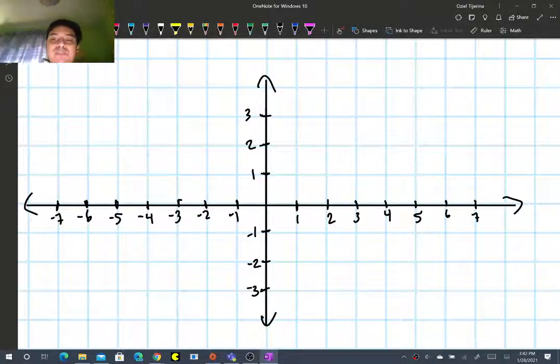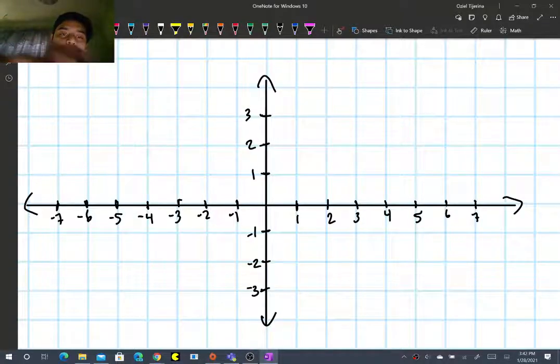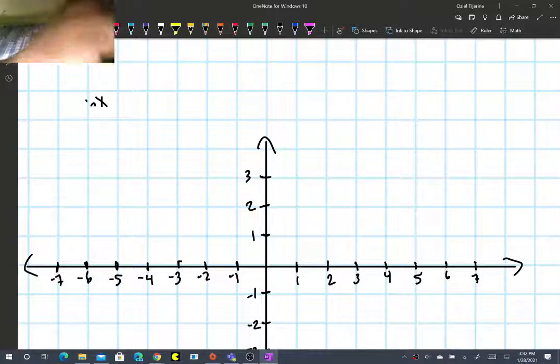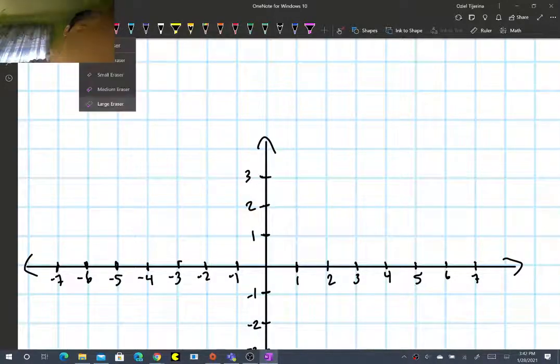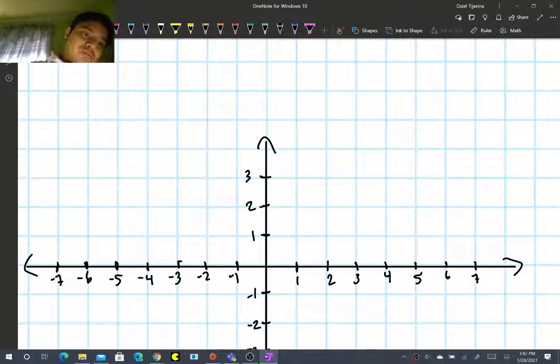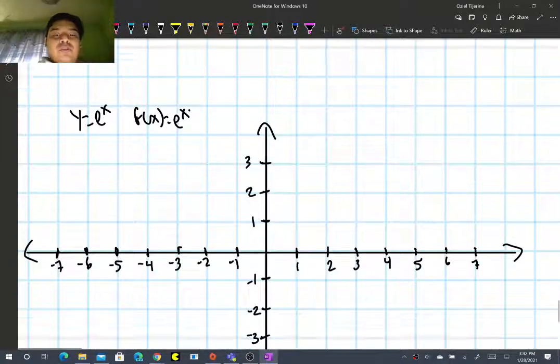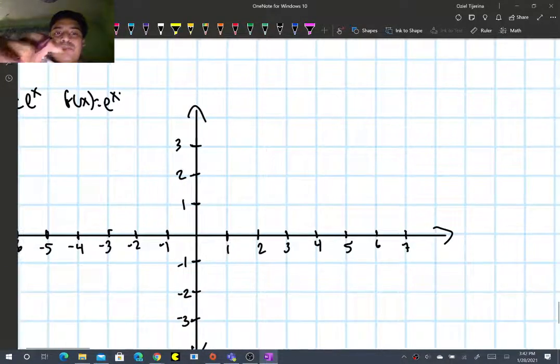Okay, so I just made this really small graph. If we do y equals e to the x, or we can say f of x equals e to the x, you're gonna try your best to plot points.